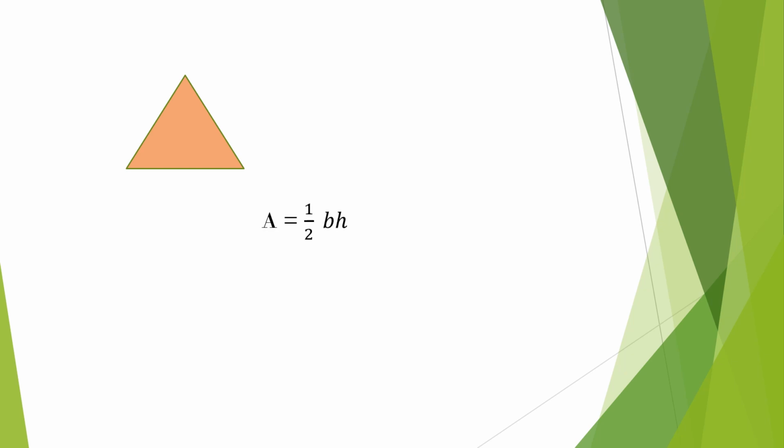A is equal to 1/2 BH. B means base, H means height. So the area of a triangle is A equals 1/2 base times height.